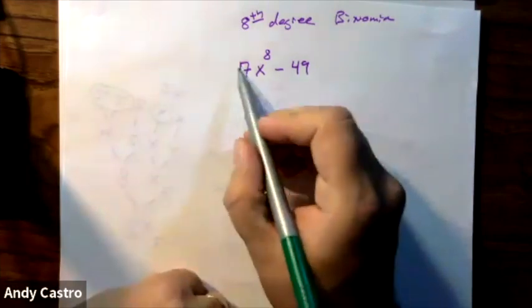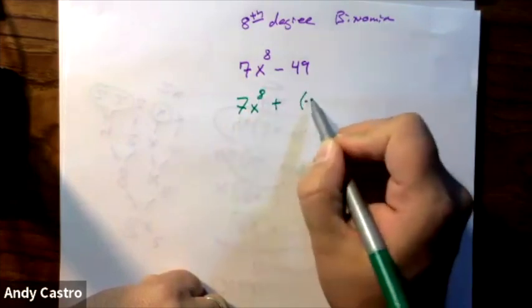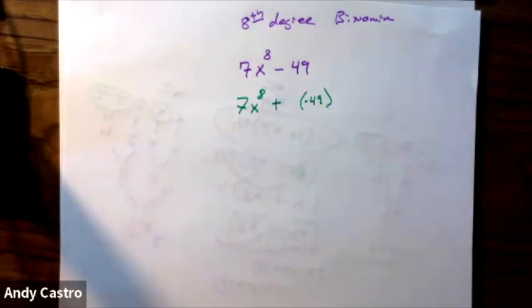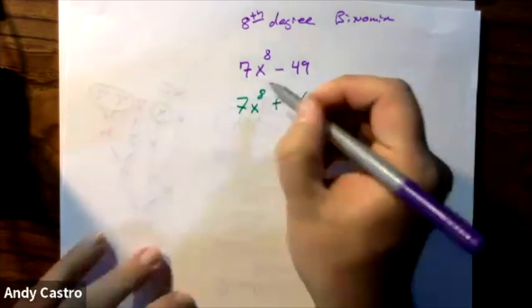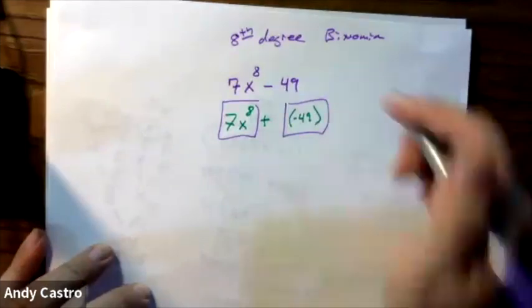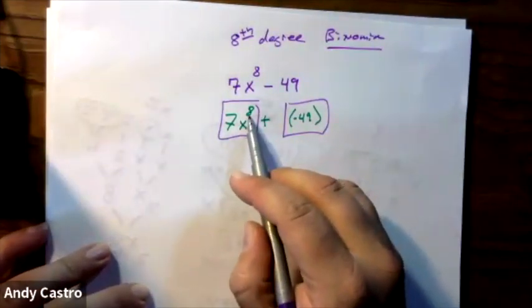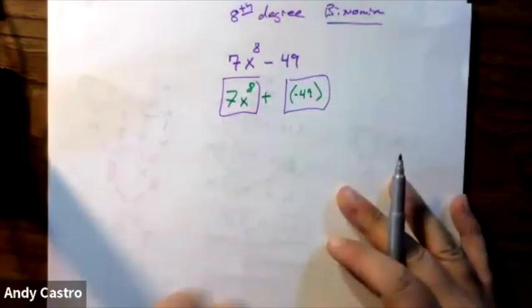So here we've got two terms, 7x to the 8th plus a -49. Those are my two terms, so it's a binomial. The largest is an 8th exponent, so it's 8th degree.